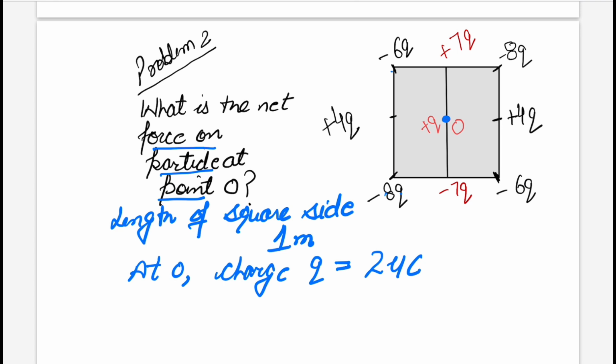So we will discuss the charges one by one. This q will be exerted by a force by this minus 8q charge. But this is going to balance with this minus 8q because the amount of force will be equal, right? Then this minus 6q force is balanced by this minus 6q. Then this plus 4q will be balanced by this plus 4q, right?